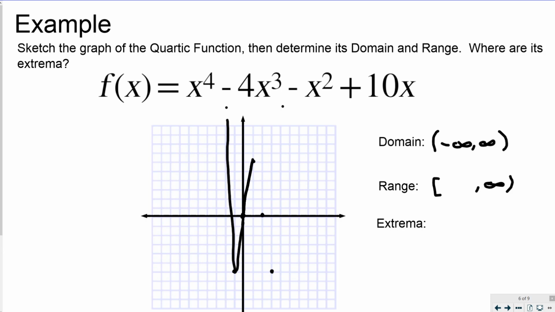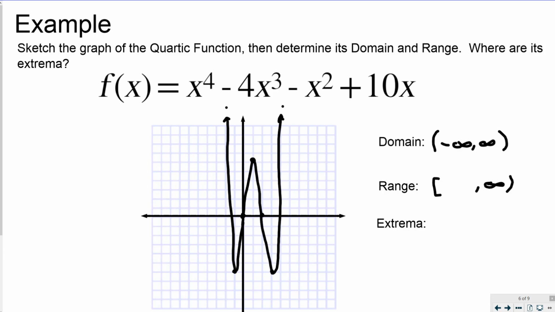Comes up to this point, and it turns around at that point, comes back down like this, and then gets up here like that. So you're going to have to forgive my sketch. It's not the greatest, but it is satisfactory for now, just to show the shape of the graph.